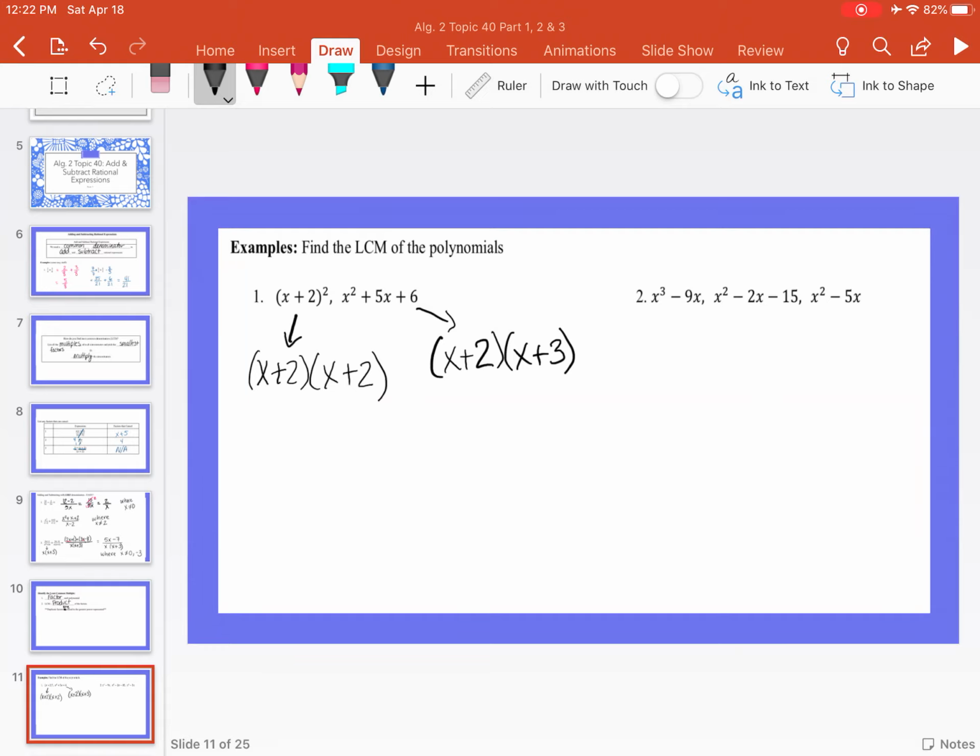So we want to identify the product of all the factors for the least common multiple. So we have to compare across all of these factors. Our first polynomial, x plus 2 squared, shows x plus 2 twice. So in our least common multiple, we need to have that x plus 2 occur twice.